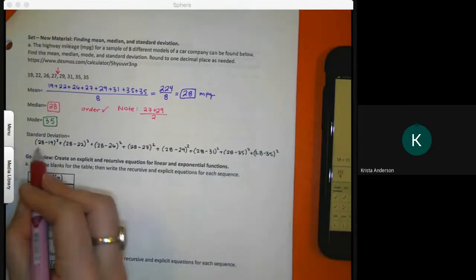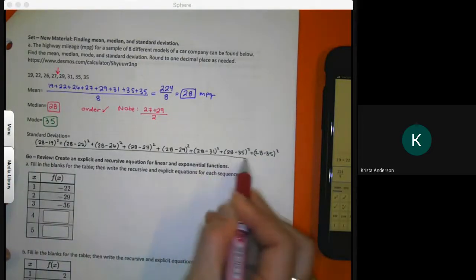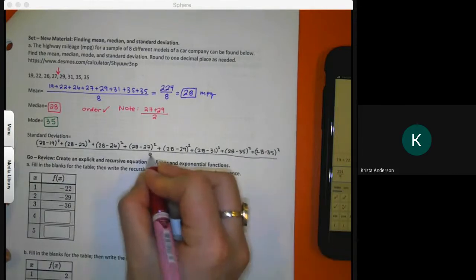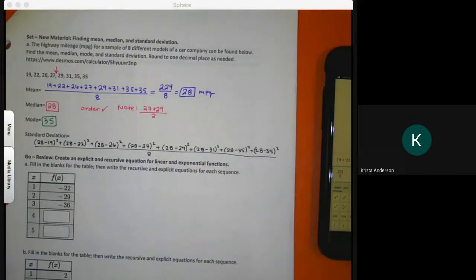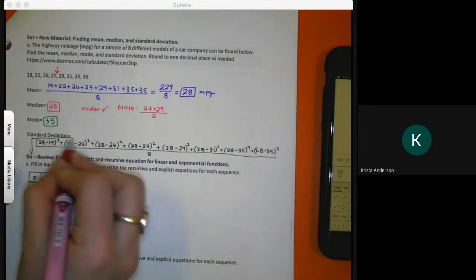Then you would divide by 8 because that's how many of the distances there are and square root it, the whole thing.